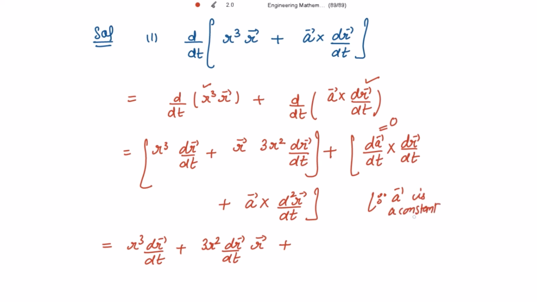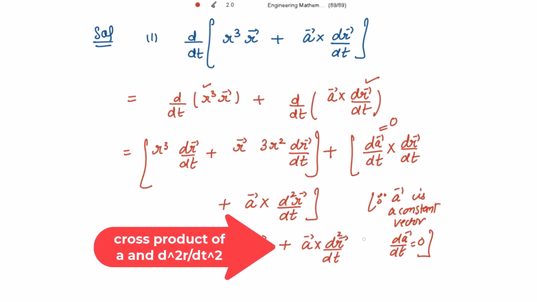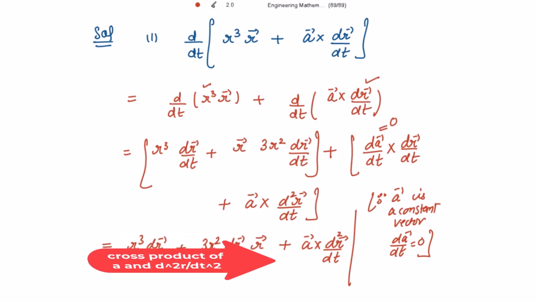Because it is the constant vector, so its derivative is 0. So this term is 0, and writing the last one, a vector cross product with double derivative of r vector with respect to time. So this is the required answer for this first part.